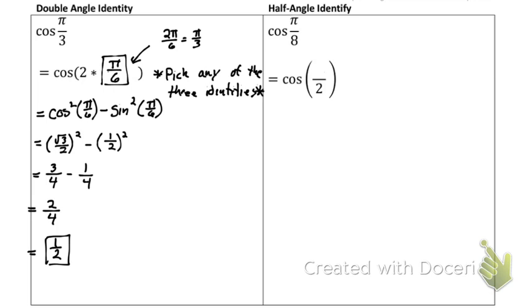Well, if I use the double angle one, that would be pi over 16. It'd be 2 times pi over 16, so double angle would not work here. But a half angle, we are actually going to multiply it by 2 to divide it by 2, which actually turns this into pi over 4. And pi over 4 absolutely works, because let's just do a little side note.